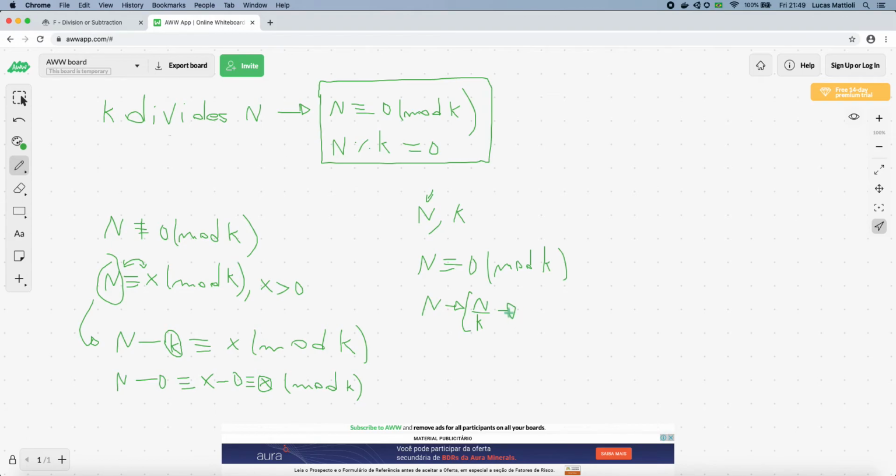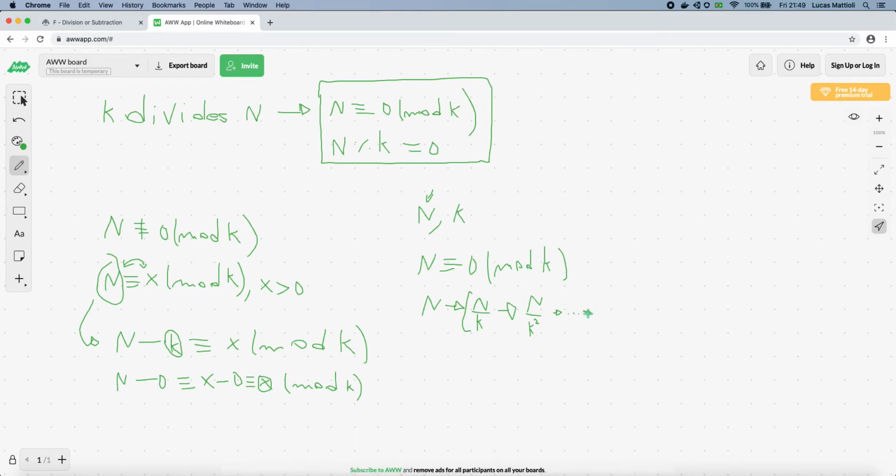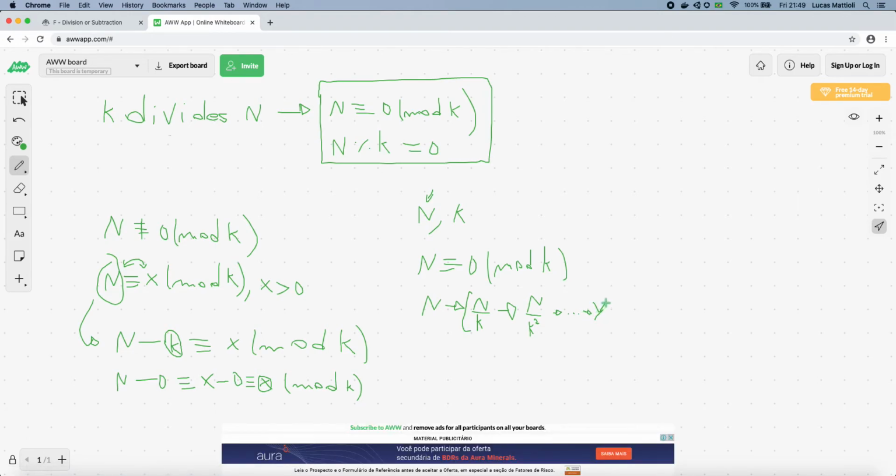If so, then we'll turn this into n over k squared, and so on, until we arrive at some value, let's call it y, that is either less than k, and then we stop the operation, or it's not a multiple of k. So if we arrive at this situation, then we have the same situation as before, that n is not a multiple of k, and then we will never be able again to make it a multiple of k.